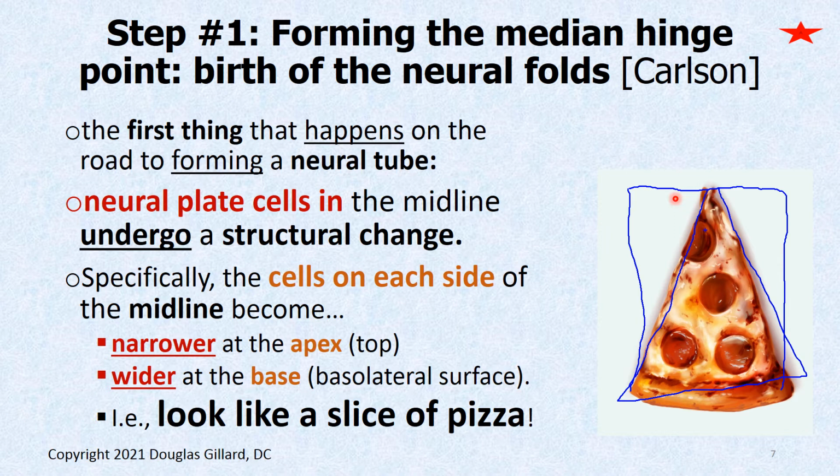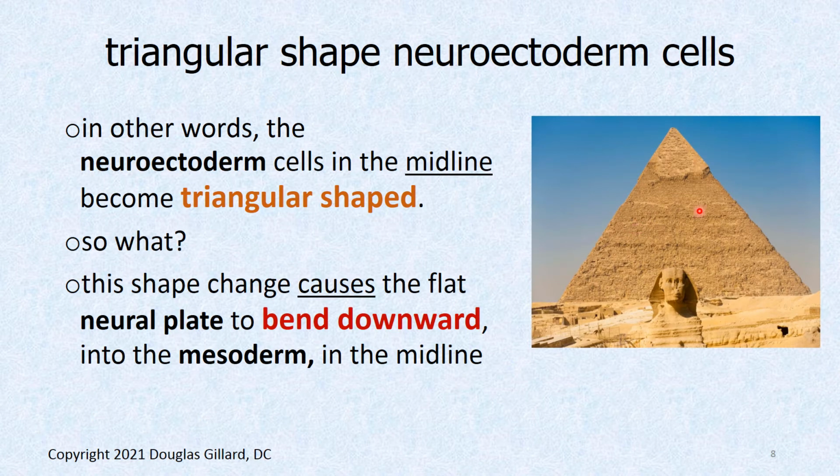And the neighbors, because of this, are still kind of rectangular in shape. So that starts to bend the flat neural plate in the middle. I'll show you a picture of that in a second. So like a triangle shape, it bends it downward.